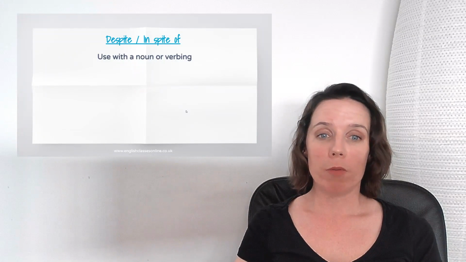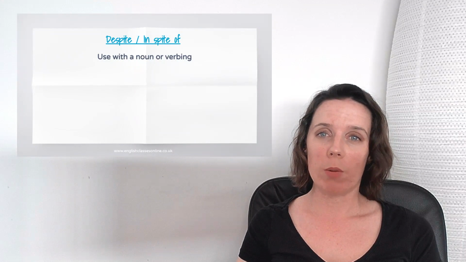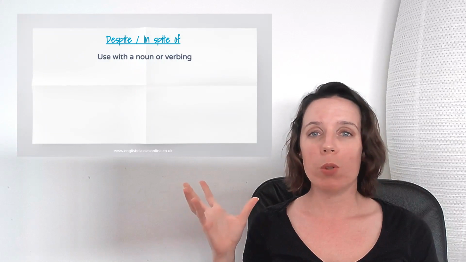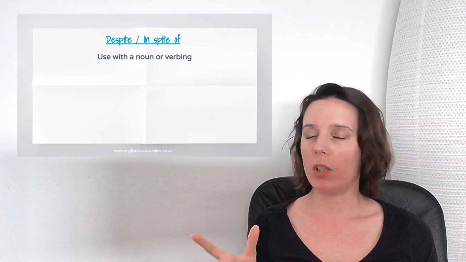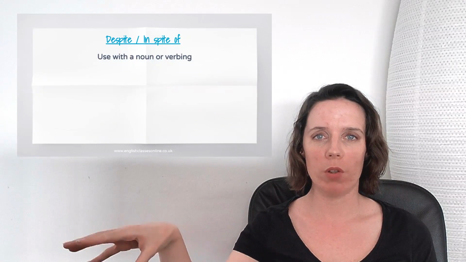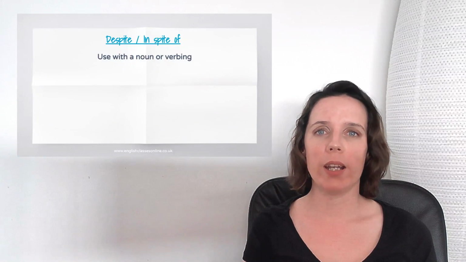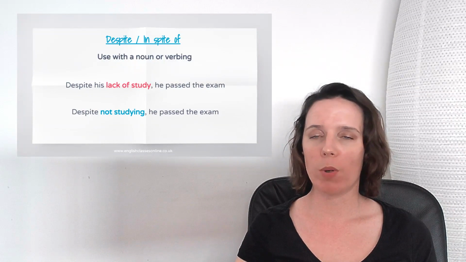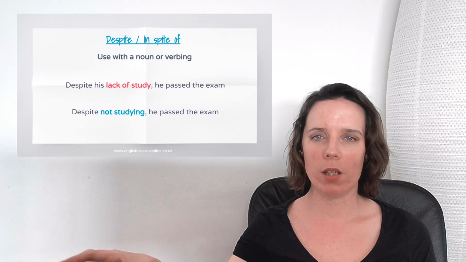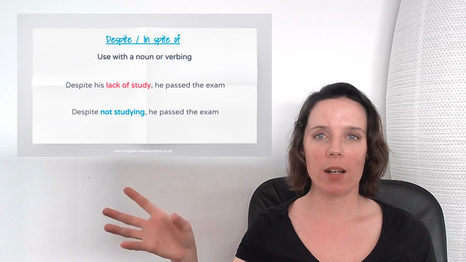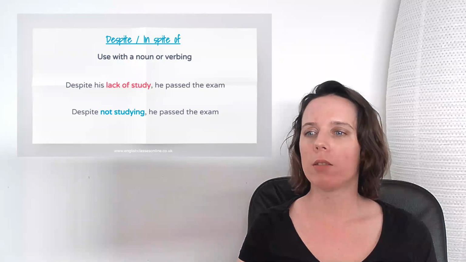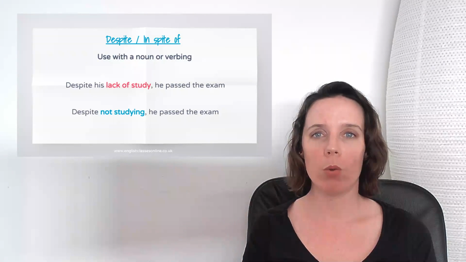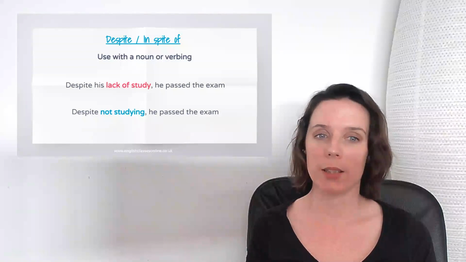So with in spite of or with despite, you can use a verb and ing, or you can use a noun as well. But you cannot use a subject-verb-object clause. Only a noun and verb and ing. For example, despite his lack of study. Lack of study is a noun phrase. Okay, he passed the exam. Or despite not studying, he passed the exam.